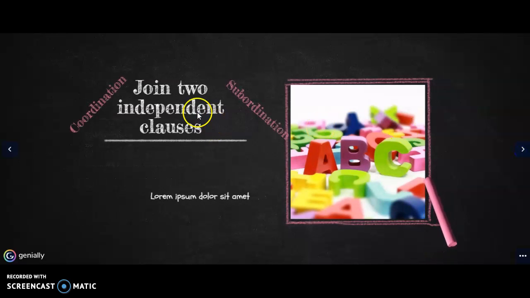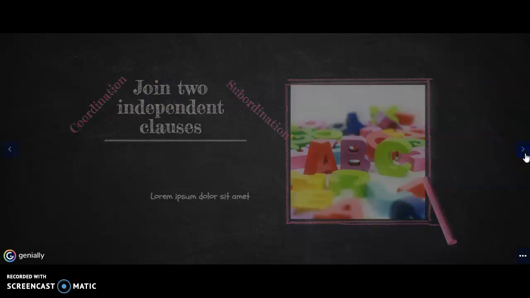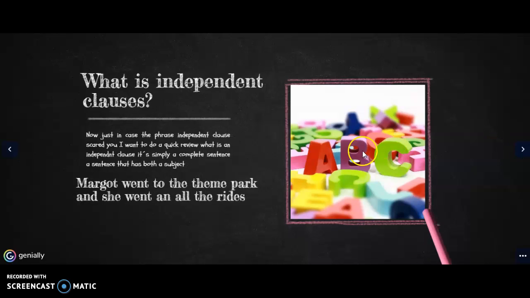So, returning to coordination and subordination, what do we mean when we say coordination connects equal ideas and subordination connects unequal ideas? Let's take a look. In this example, we have two independent clauses and they are both of equal importance.